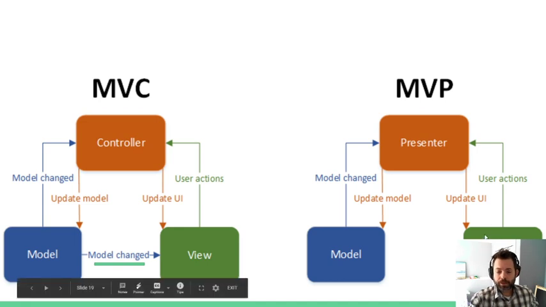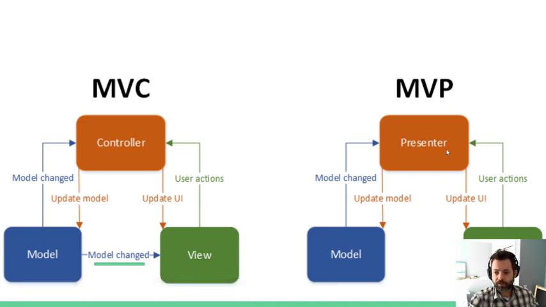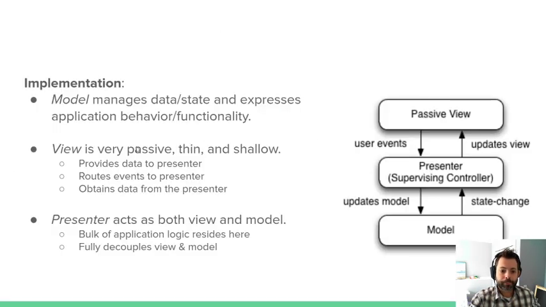The way MVP works is the view is called a shallow view. Basically, this is just presenting the interface, but the presenter side of things does a lot of the heavy lifting for us here. So the model stays the same, handles the data, formats it, whatever you want.